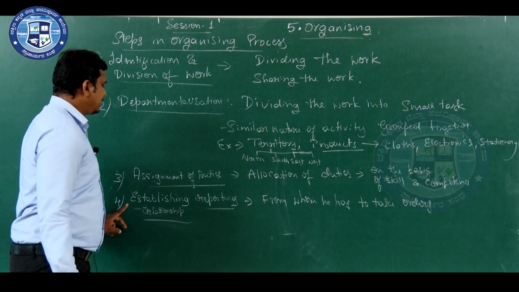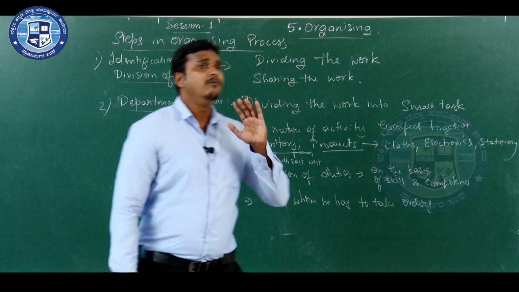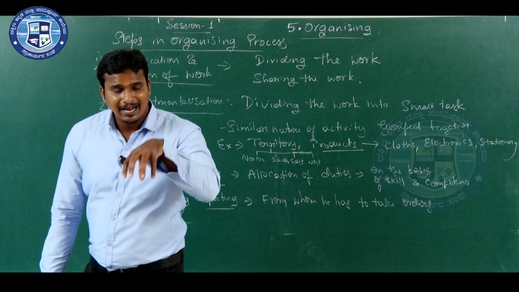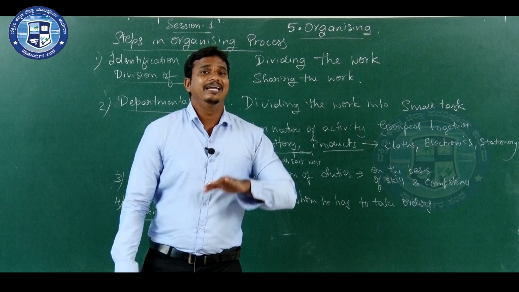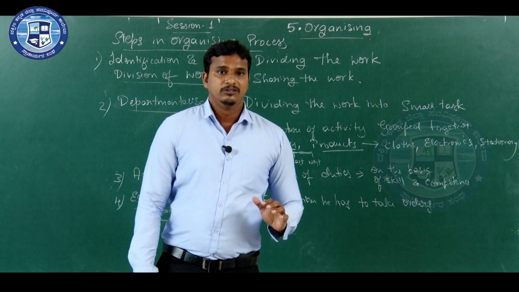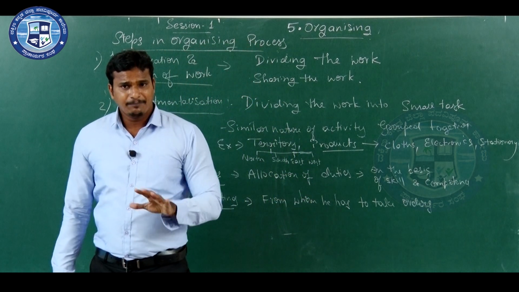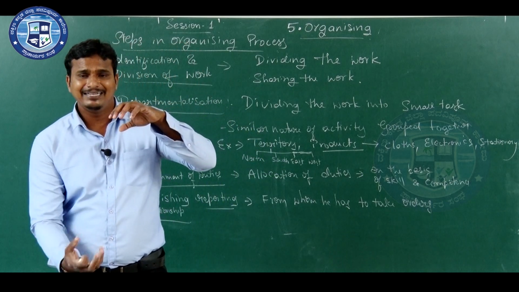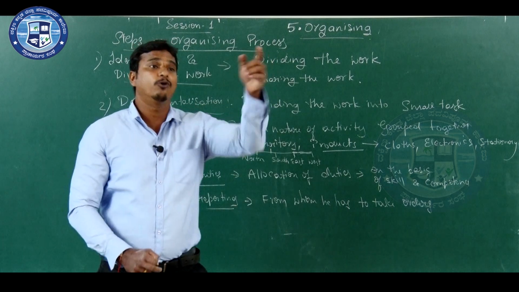And the last one is establishing reporting relationship, that is, from whom he has to take orders. A person in the department has to know from whom he has to take orders, and who has to report to whom. For example, one employee is working under the production department. If there is any shortage of materials, he has to go and inform the production manager.